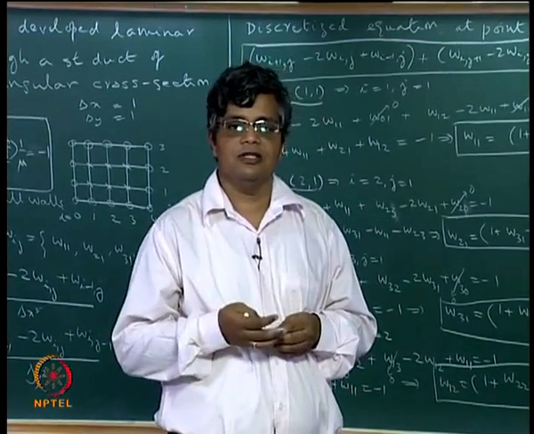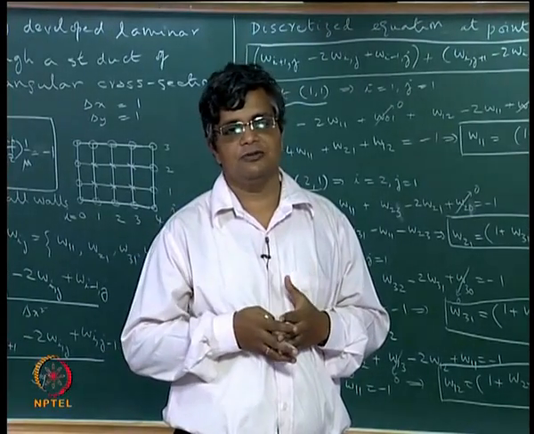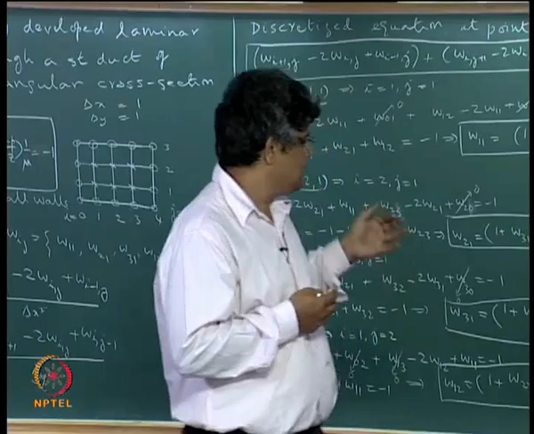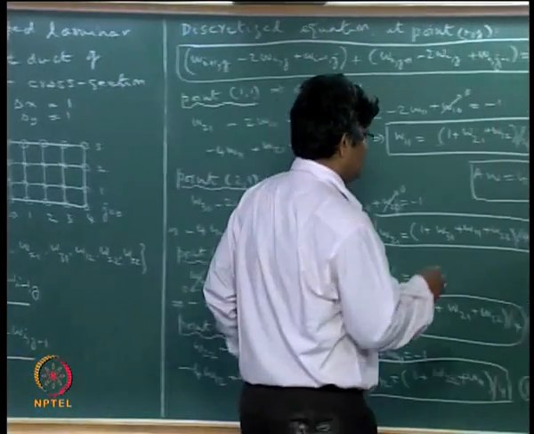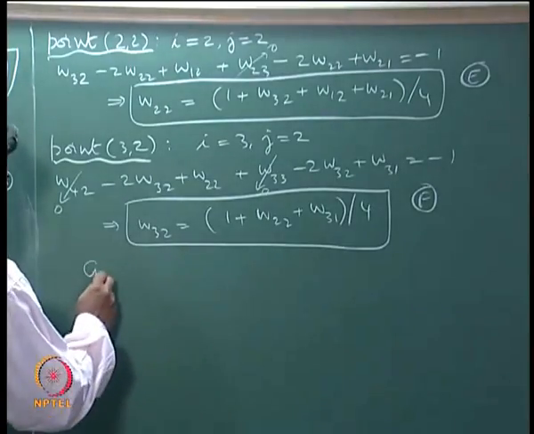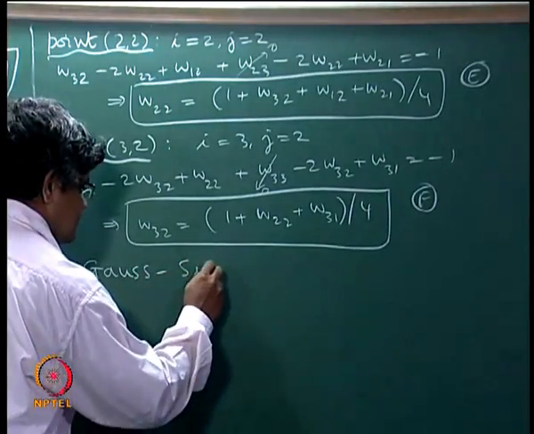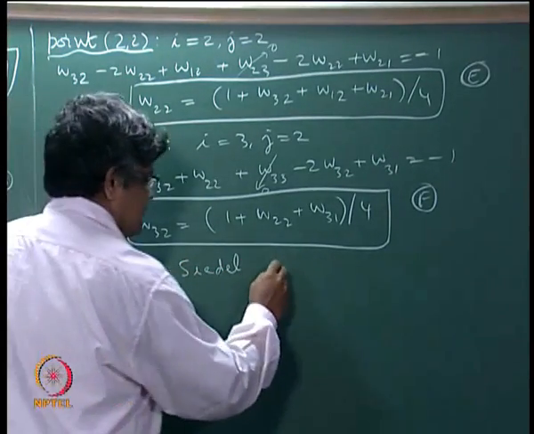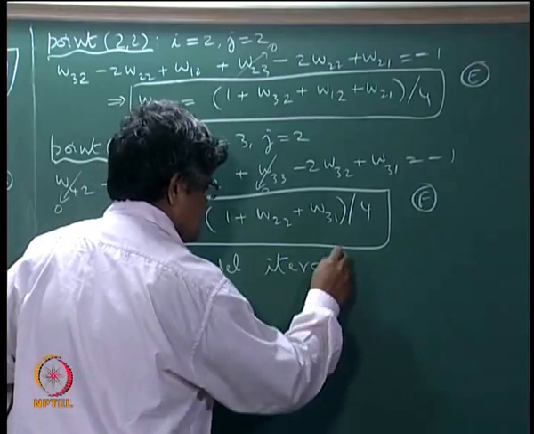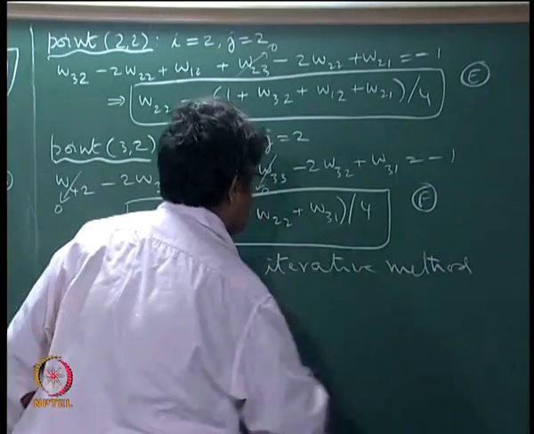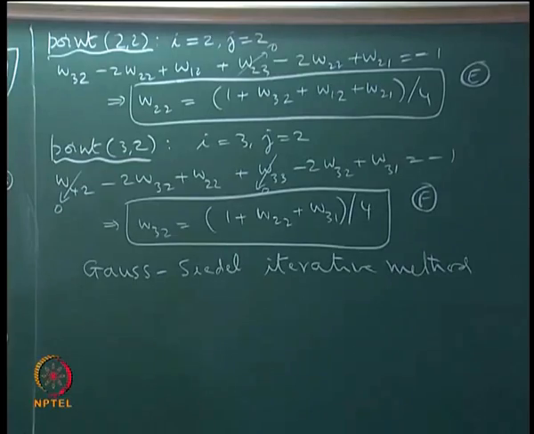So inversion of those matrices is very expensive computationally. So we use some iterative methods, and we illustrate the application of the Gauss-Seidel iterative method. It is a fairly basic iterative method for the solution of A phi equal to B.